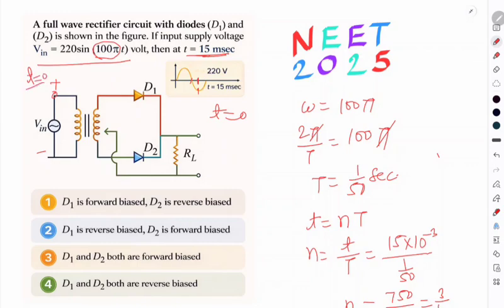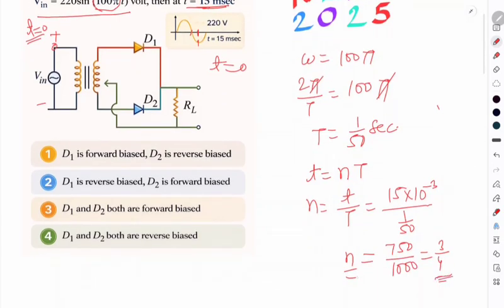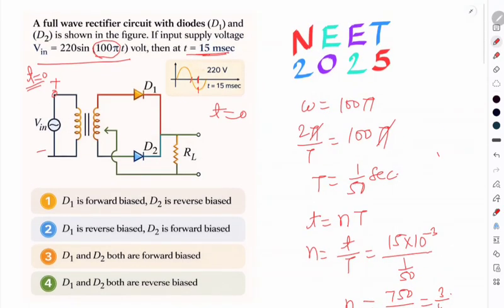Then when 3 by 4 rounds are completed, the voltage will be minus 220 volt, because here it is plus 220 volt. So at this time this end will be at minus 220 volt, and this diode will be in reverse bias.